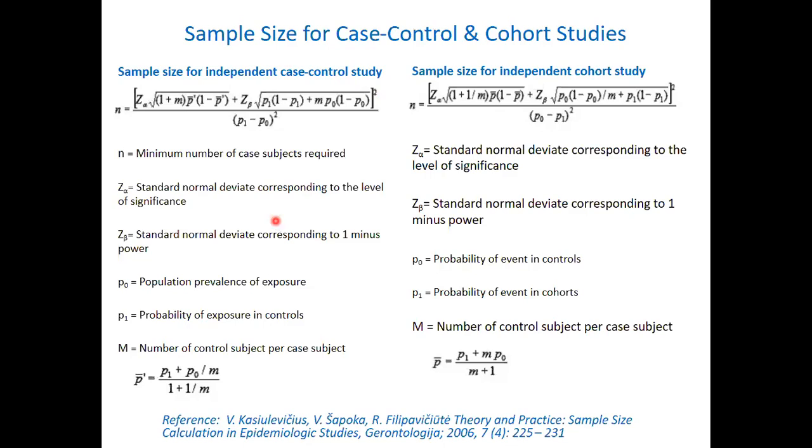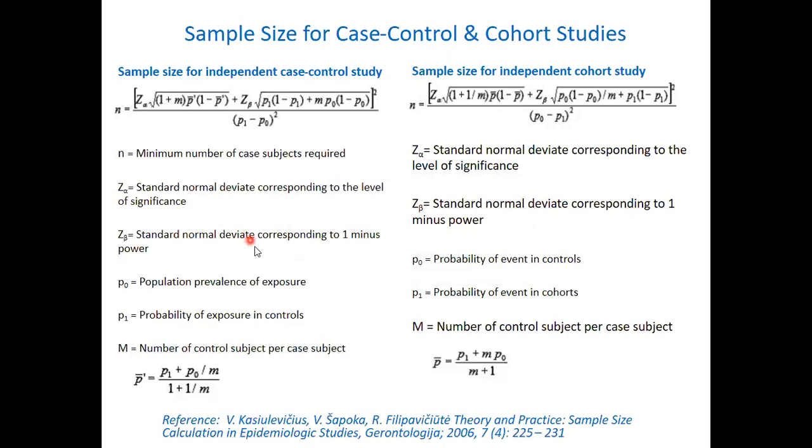So when dealing with a two-tailed, 95% level of confidence, the standard normal deviation is 1.96. I think we have seen that one before, in the previous lecture.